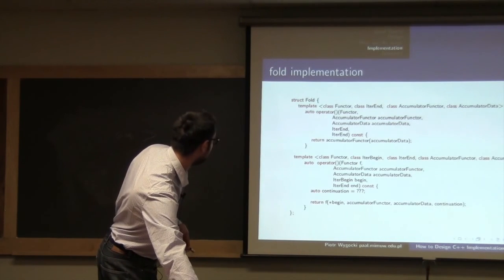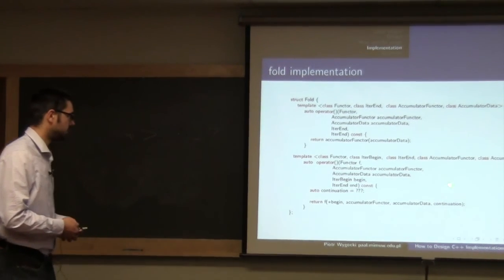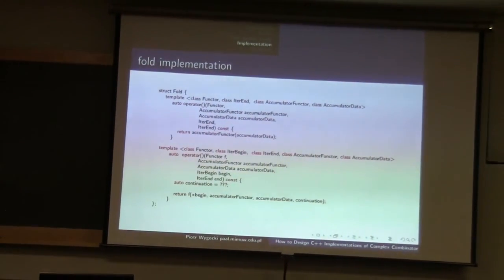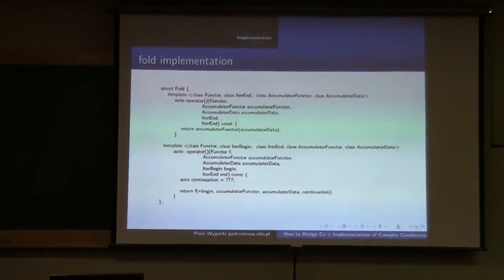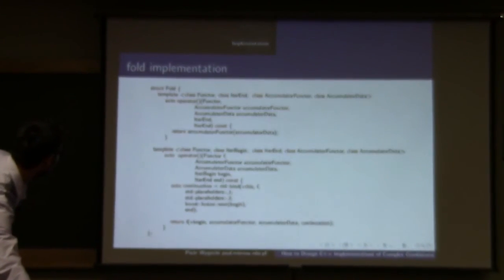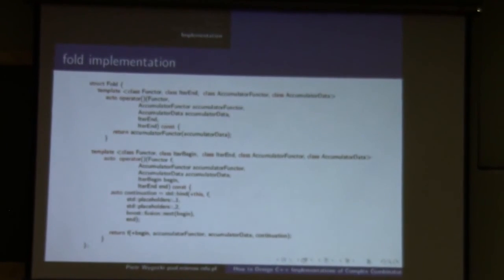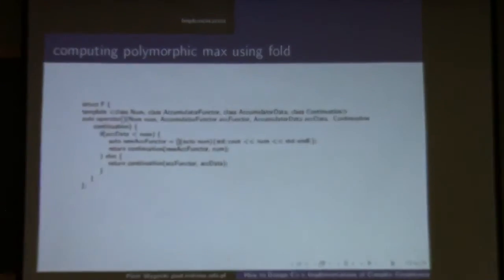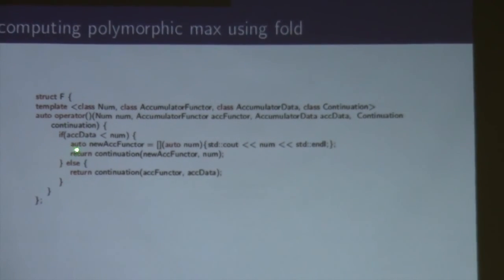Okay, I hope it is more or less clear, and now let's see how to solve our original problem, that is, how to implement our functor. So now we are doing essentially the same.